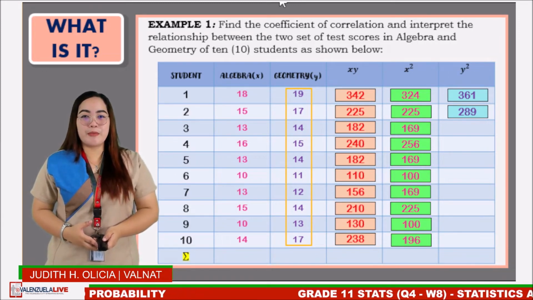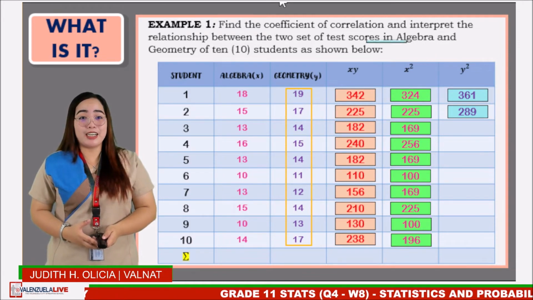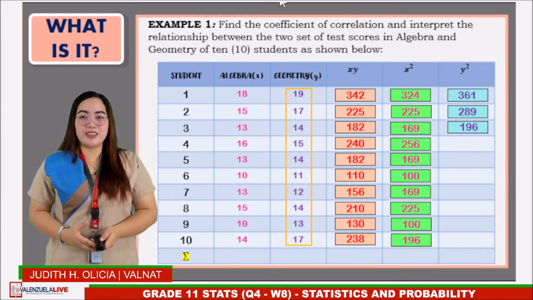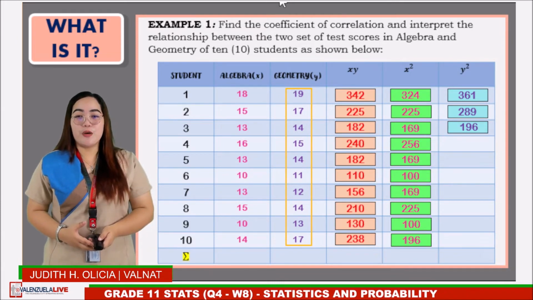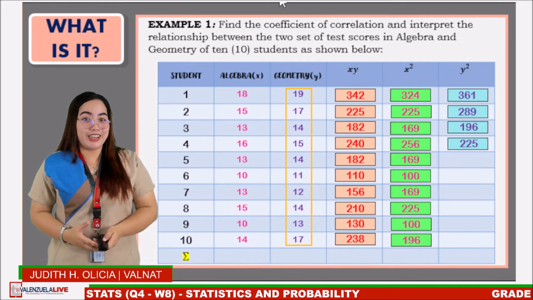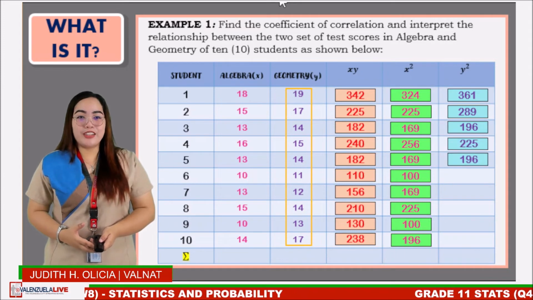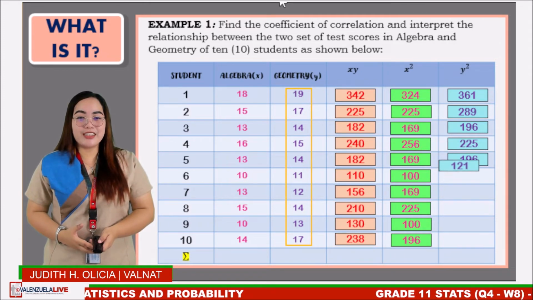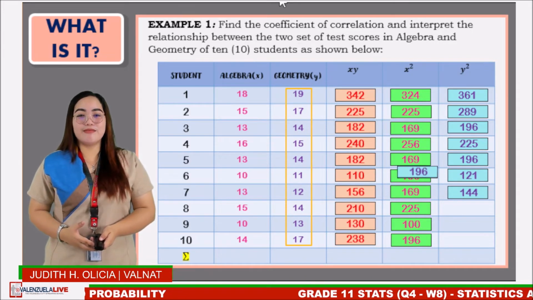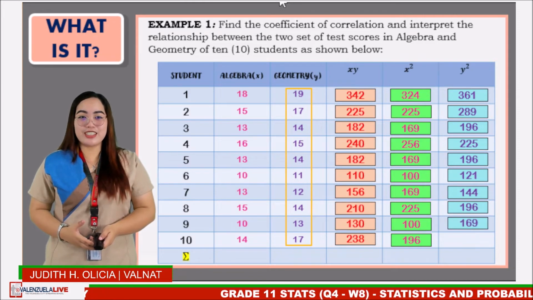For student number 3, 14 multiplied by 14, the product is 196. For student number 4, 15 multiplied by 15, the product is 225, followed by 196, 121, 144, 196, 169, and 289.